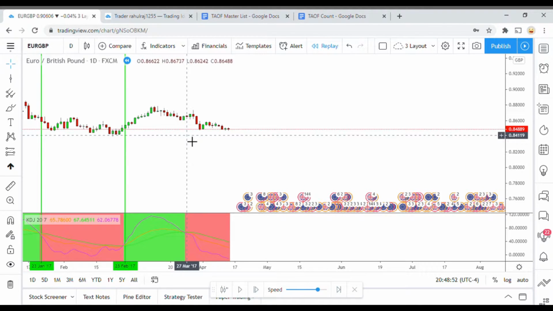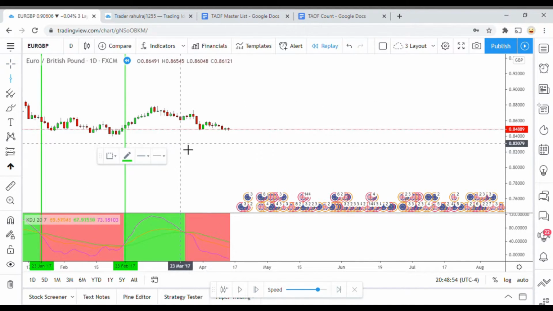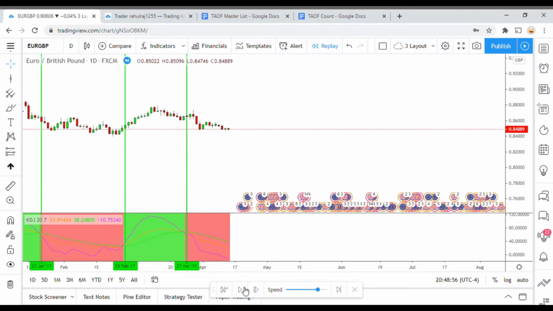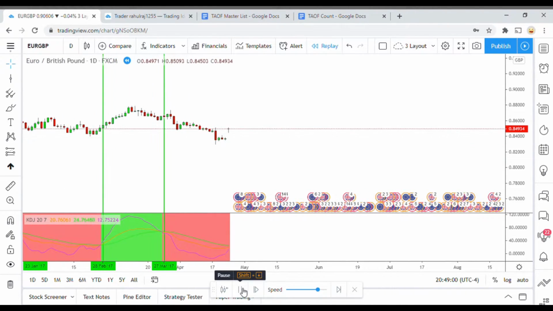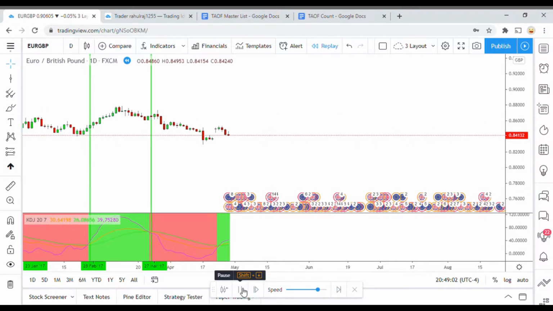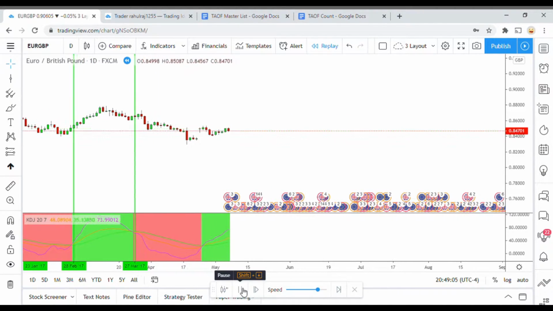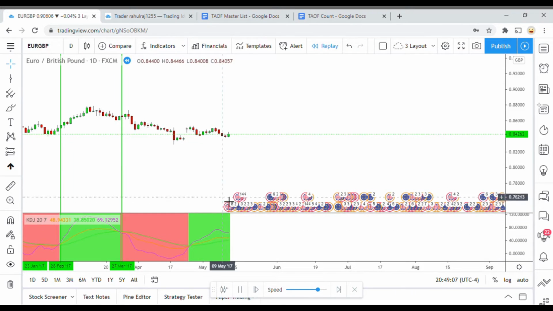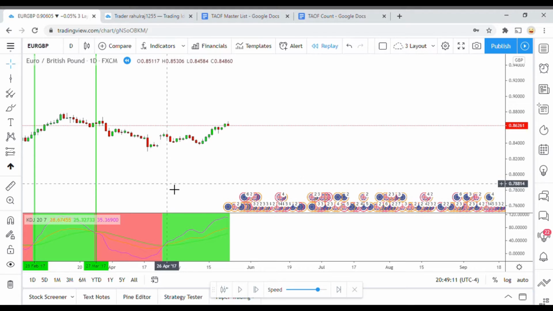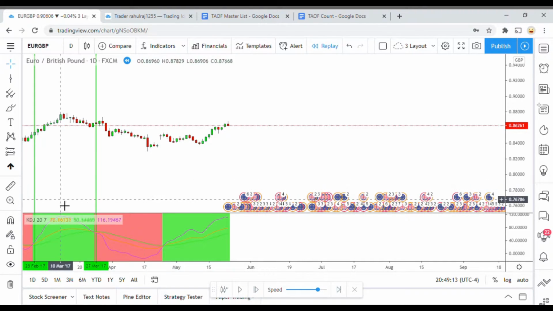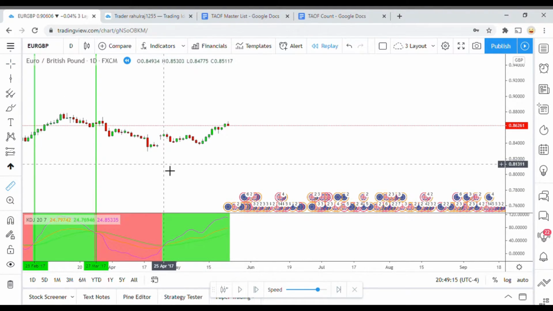Let's see here. Seems to be doing relatively well at this point. Not too bad. Hopefully I didn't jinx it there. Doesn't look like we did. I don't know.